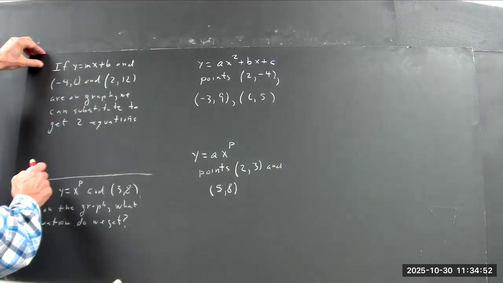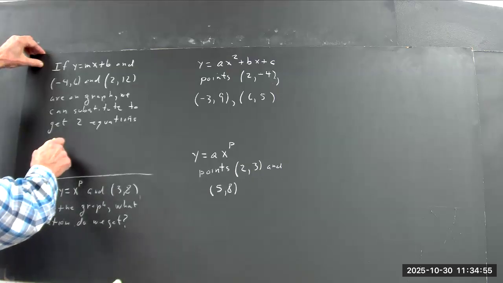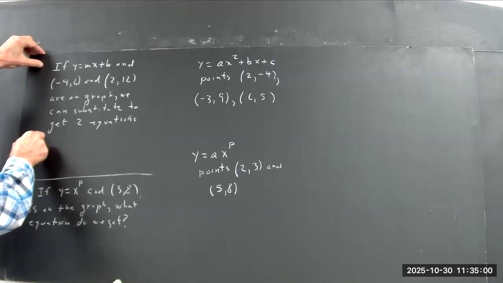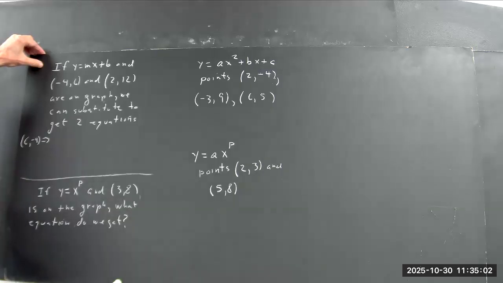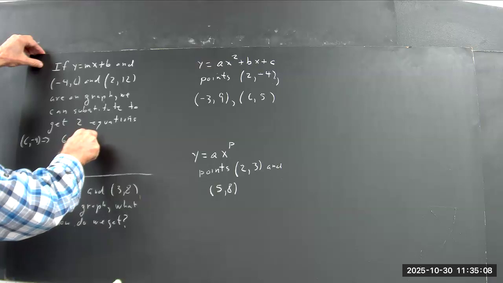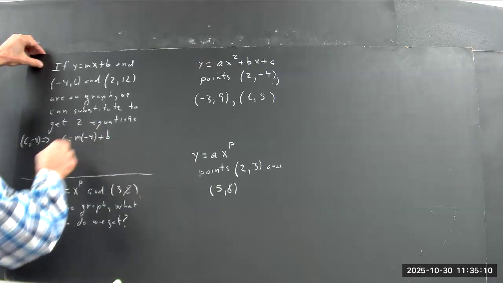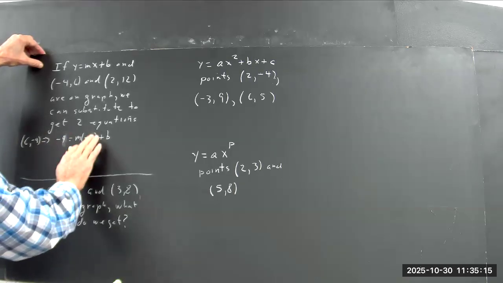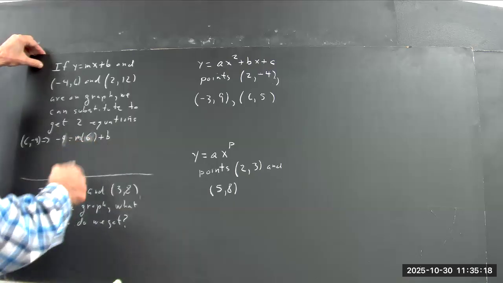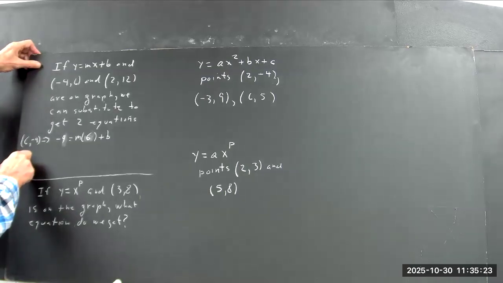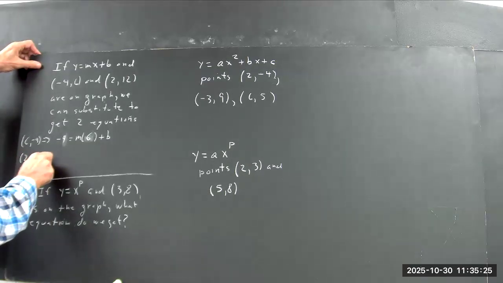So this equation, you're going to get, from the point (-4, 6), 6 equals m times negative 4 plus b, and from the point (2, 12), y is 12.